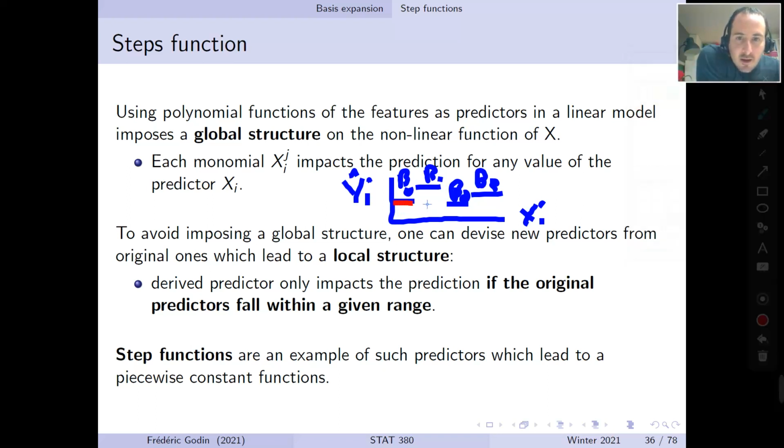Here it's the same, here it would be the same. So you could have predictors where shifting one parameter would impact the prediction for a few values of x, but not all of them. Models like this are said to have predictors which have a local structure. So having step functions as a predicting function is an example where your predictors have a local structure.